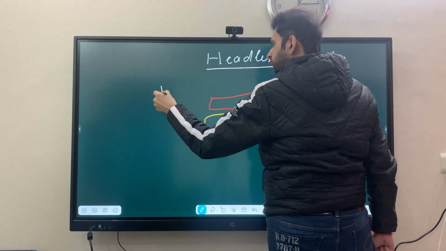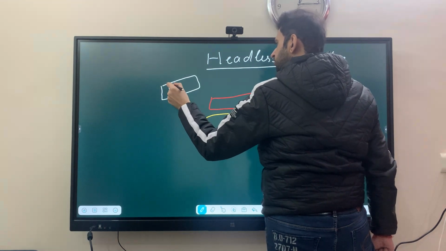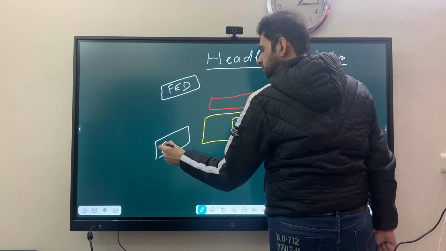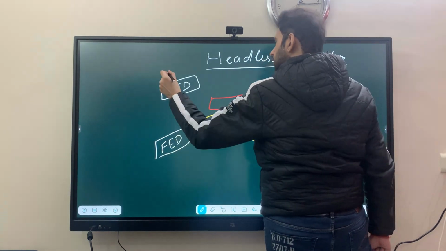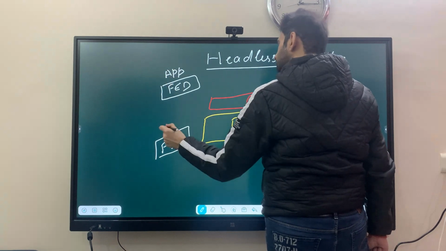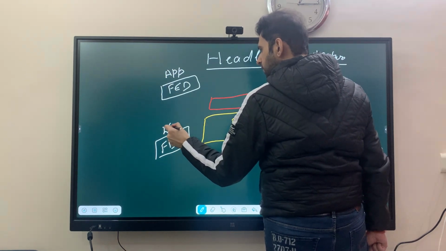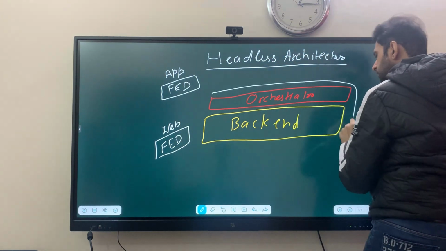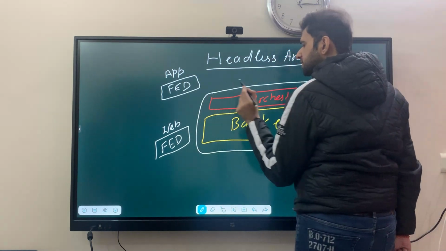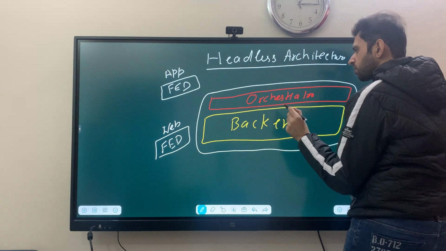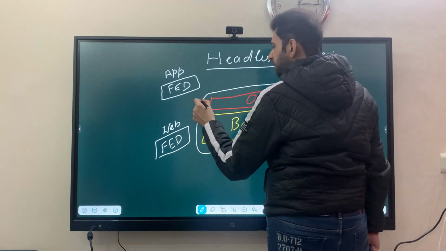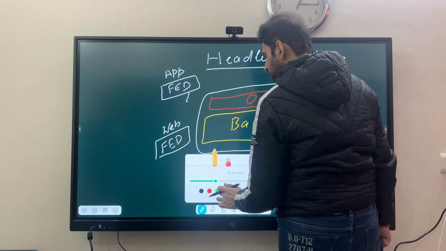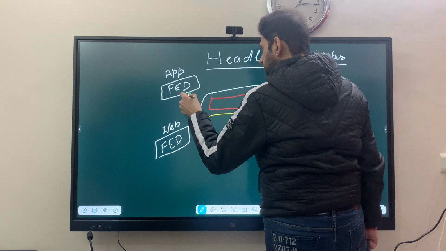Let's suppose for an app we have this front end, for a web we have this front end, and they will call up the same orchestrator and backend via the use of, we can say, the APIs.